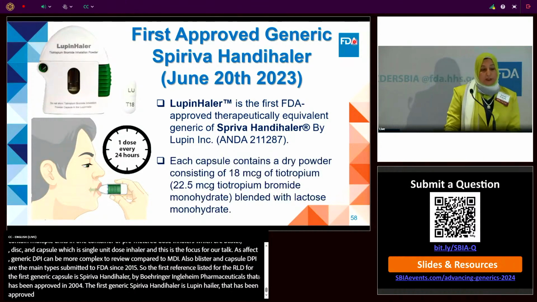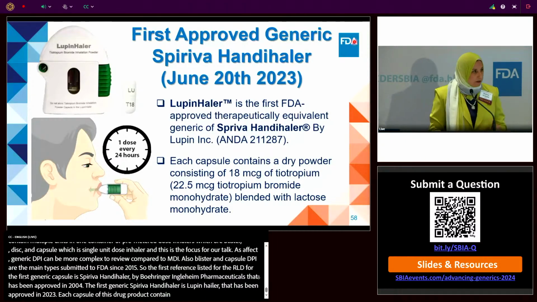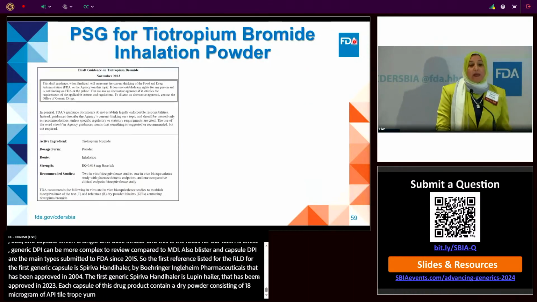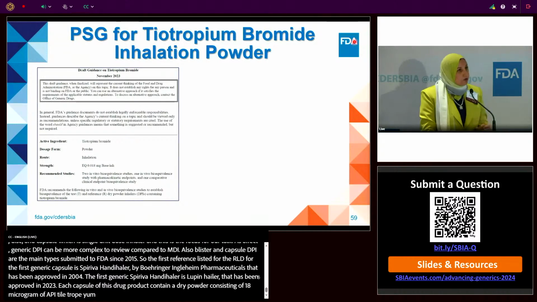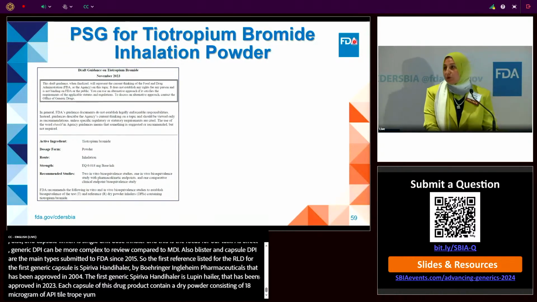Each capsule of this drug product contains a dry powder consisting of 18 microgram of the API, tiotropium, blended with the carrier lactose monohydrate. The draft product-specific guidance for this drug product was published in 2023 and includes many recommendations for BE studies.